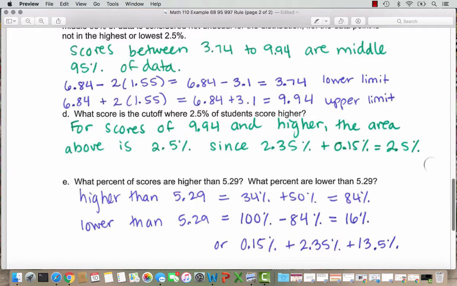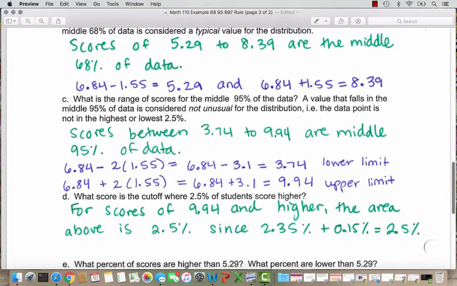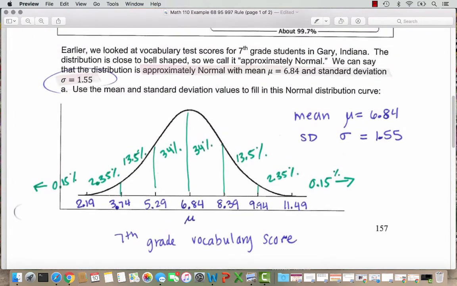Question E asks us what percent of scores are higher than 5.29 and what percent of scores are lower than 5.29. So to find scores higher than 5.29, we can add up the areas above 5.29. And I'm a little lazy, so I'm going to add that first 34%, but then I'm going to make use of the fact that I know scores 6.84 and above are the upper half of this distribution.